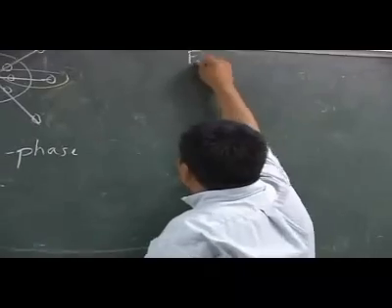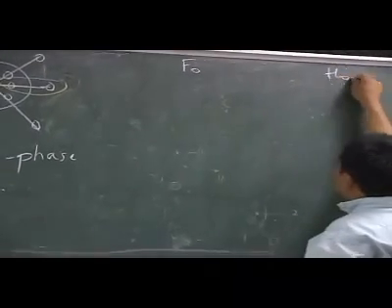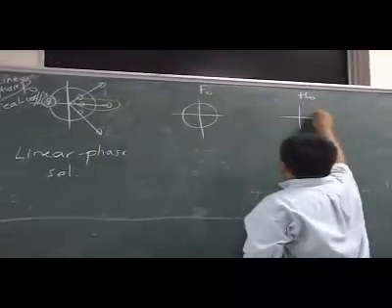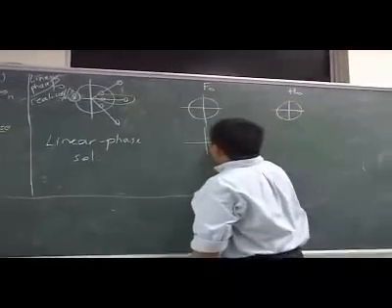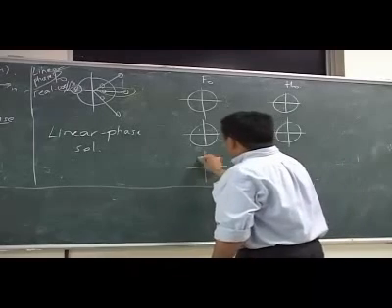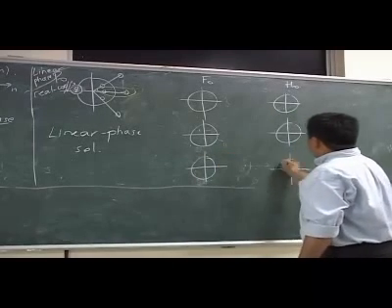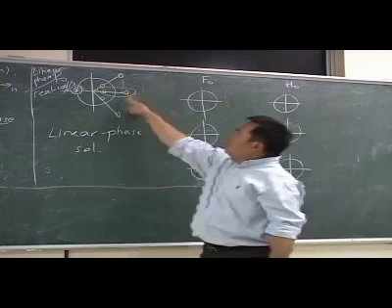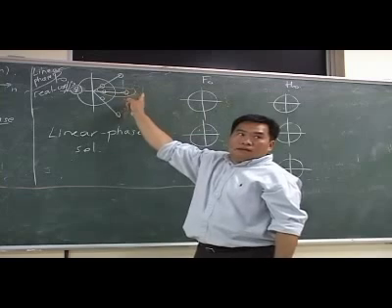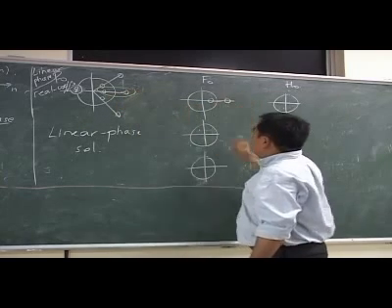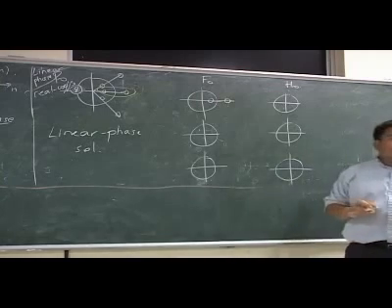So here, linear phase solution. Again, F naught, H naught. Now, many different solutions. We'll discuss a few. Okay. So how do I deal with this pair? They go together. So how about the other?